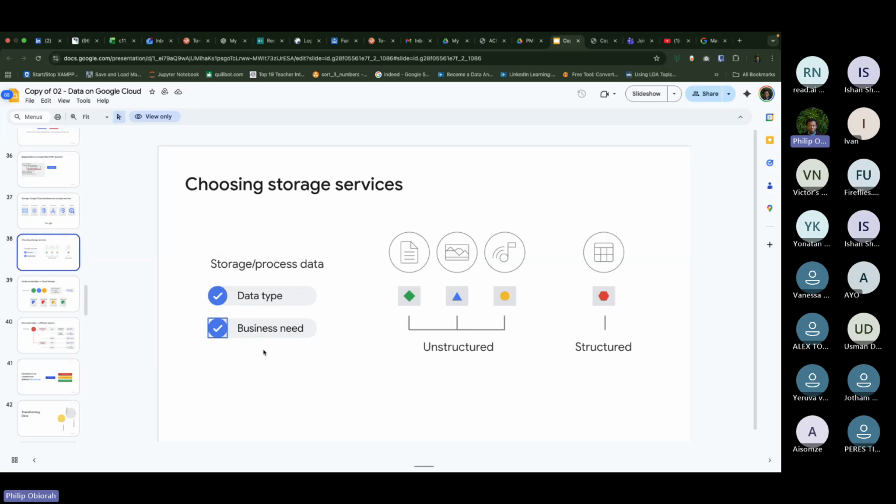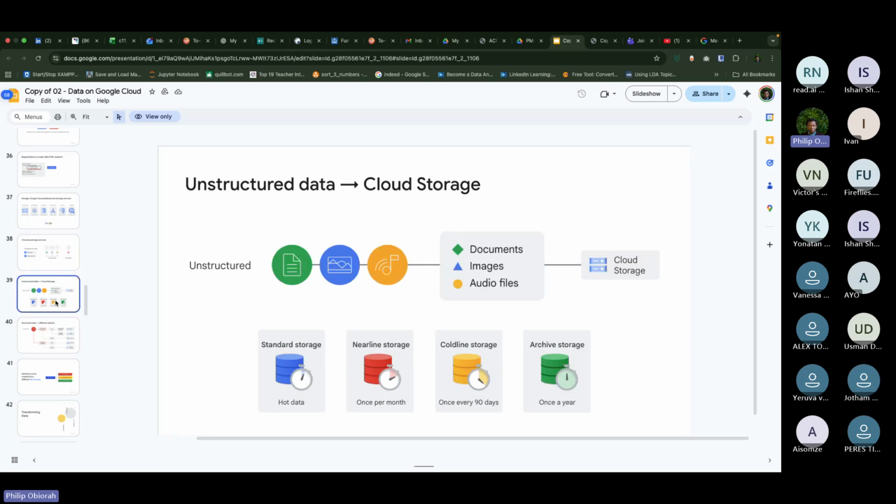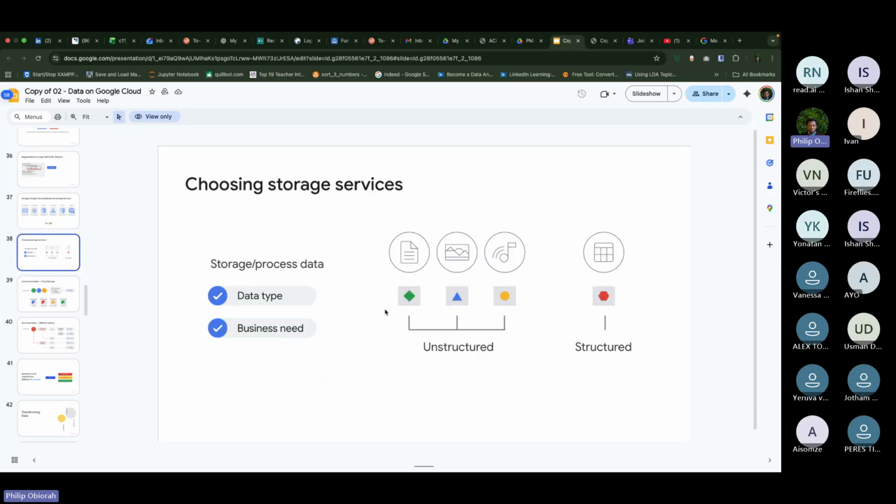Now, the first decision is: is our data structured or unstructured? For instance, we are processing data from a streaming app, a gaming application, and streaming data. So it's unstructured data, right? Then we now have to consider business need. Business need could be, do we want to use it for analysis or do we want to use it for transactions?